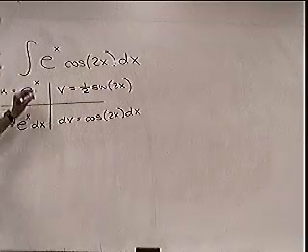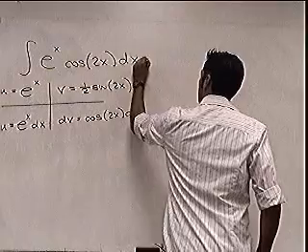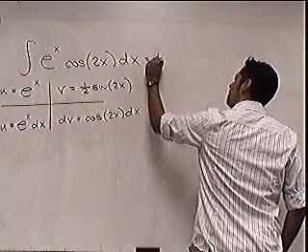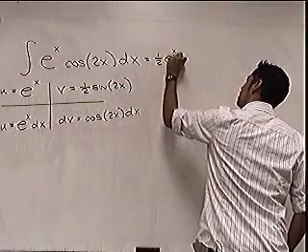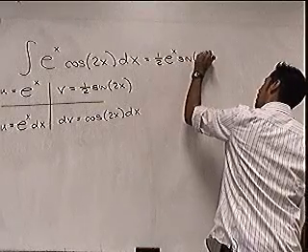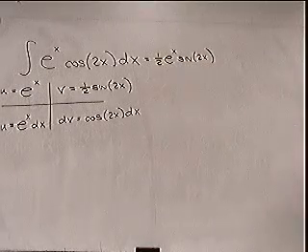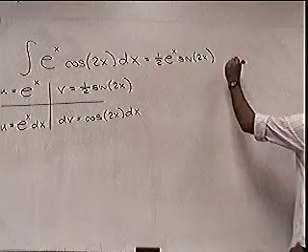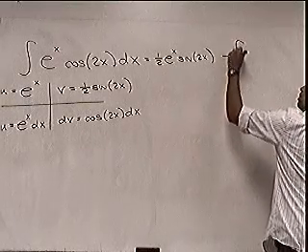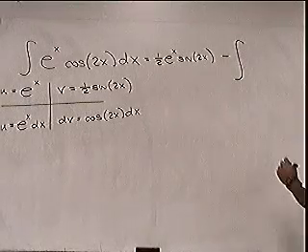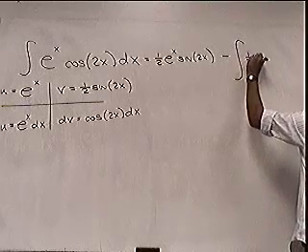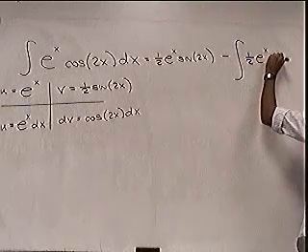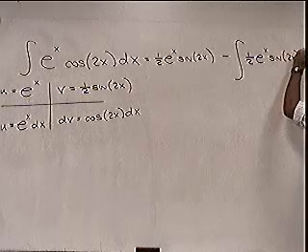So now this integral becomes 1/2 e to the x sine of 2x, right? That's u times v, minus the integral of 1/2 e to the x sine 2x dx.